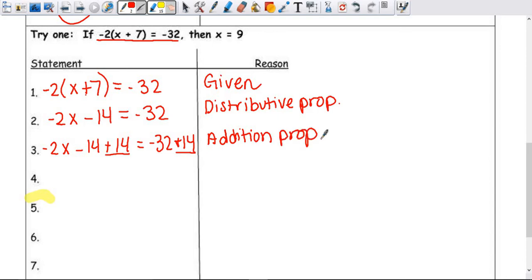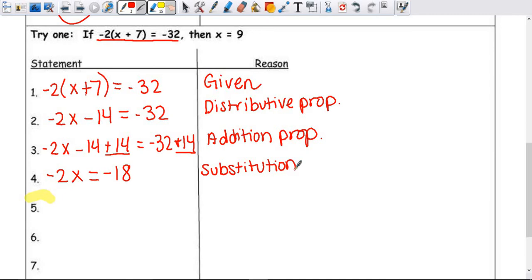All right, so now we have -14 plus 14, which will end up canceling out. So we're left with just a -2x on this side equals a -32 plus 14 is a -18, okay? And since we substituted in, we have the substitution property.